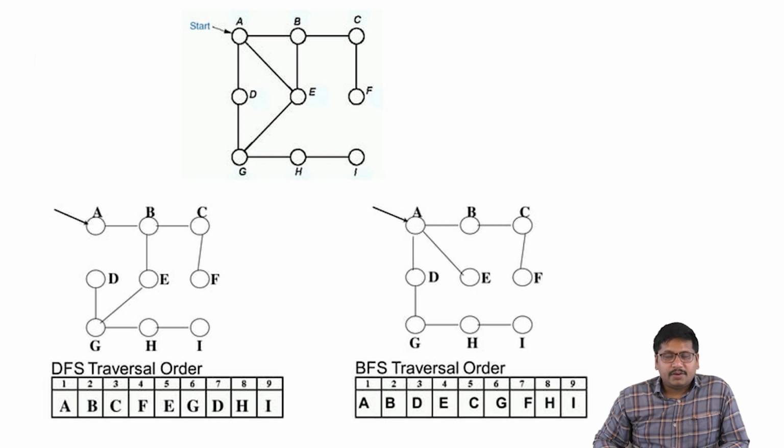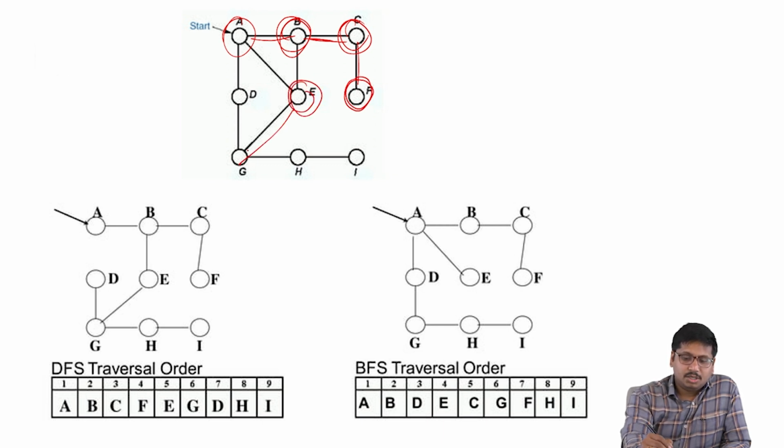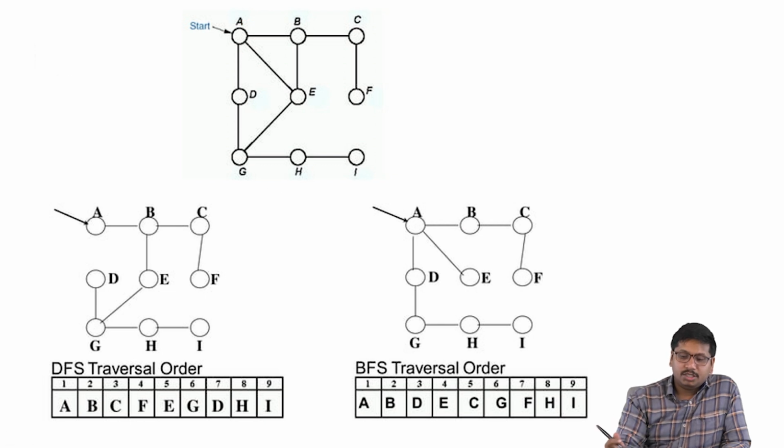So let us consider another graph here. In this graph, find out the DFS and breadth first search order. In DFS order, I have to make use of the stack. The first visiting node is A, from this B, from B to C, C to F, F to E, E to G, G to D, and H. This should be the DFS order. When it comes to breadth first search, it is different.